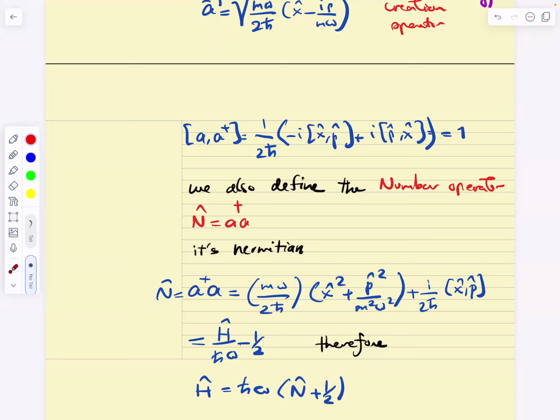The vacuum energy is half h bar omega. I'm separating that. Now my energy is just a positive operator, in this case h bar omega times a positive integer. I told you I can always write it as q dagger q. That's what we're doing. It's a positive operator. The length of a vector is always positive. I'm viewing it as the length of a vector when I write it as a dagger a.